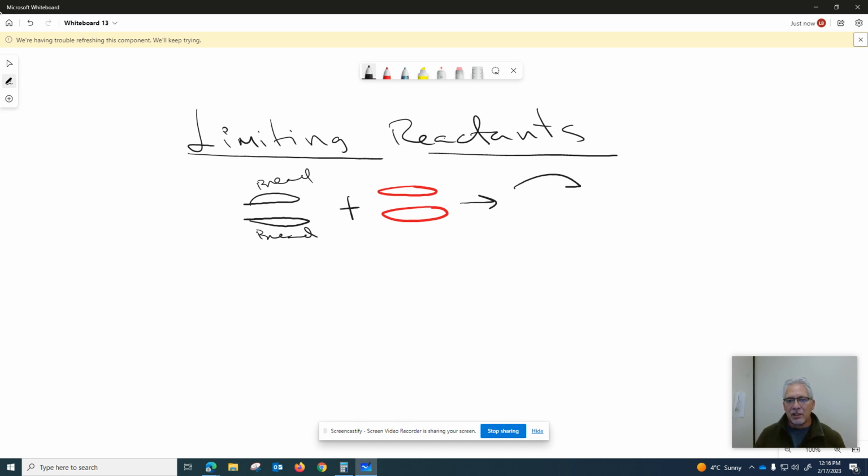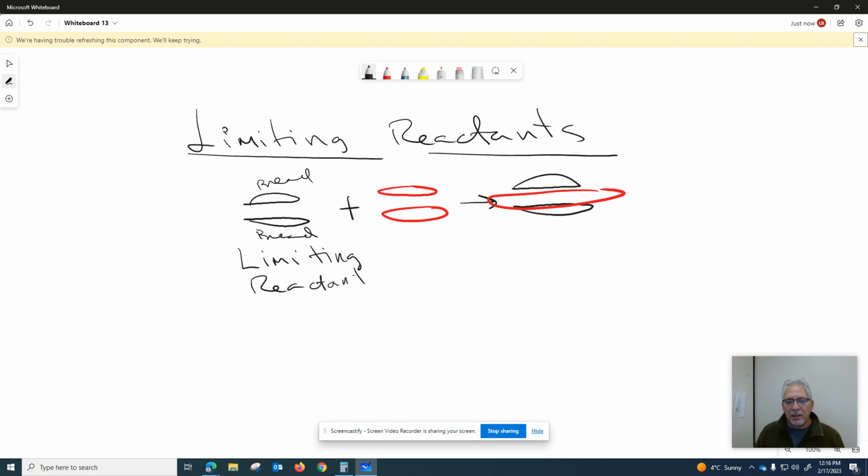You get the two slices of bread, right? And put the hot dog in the middle, right? And then you have one hot dog leftover. So the limiting reactant will be the substance, in this case the bread, because when you run out of bread you cannot make more hot dogs after that.